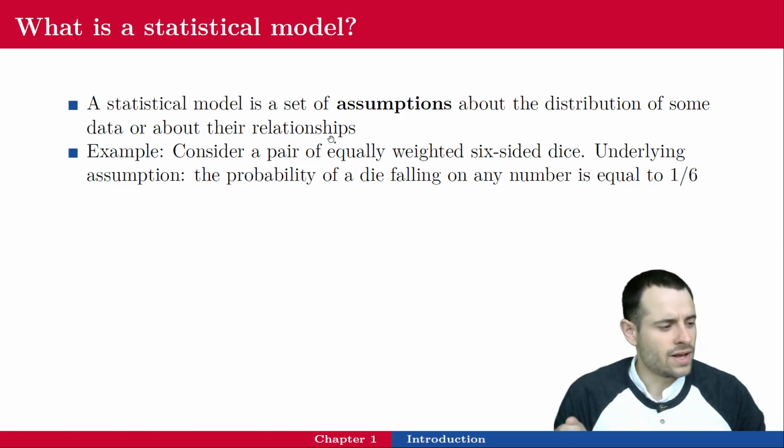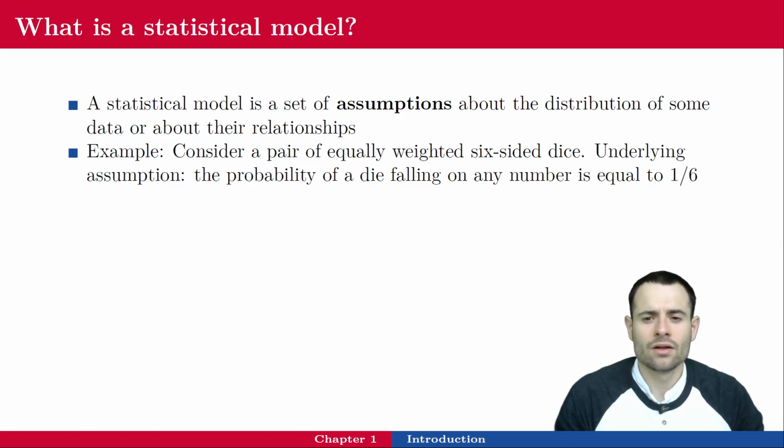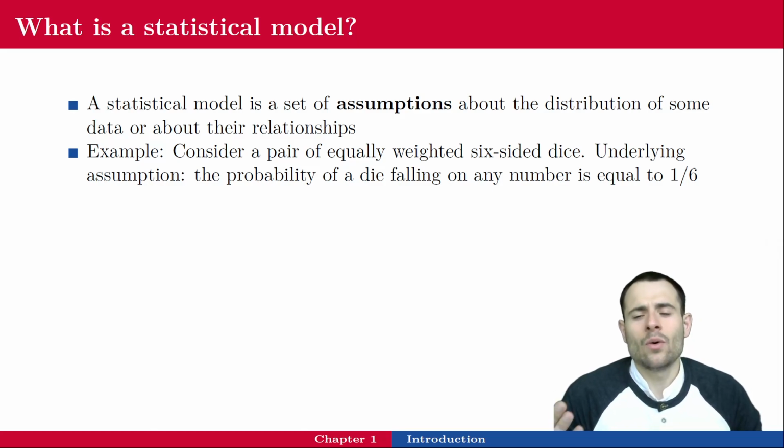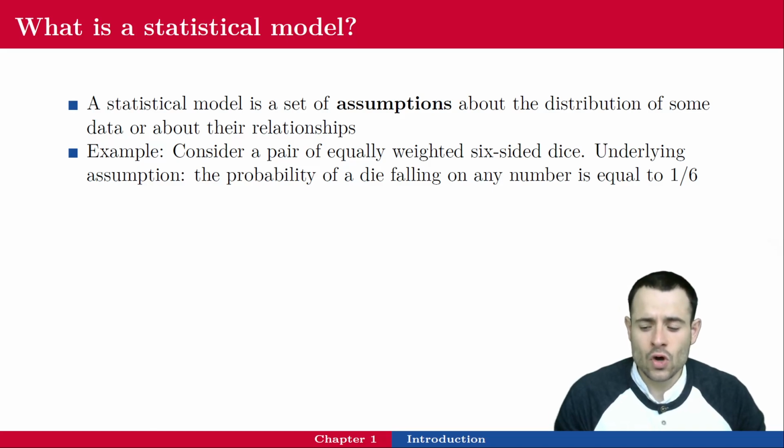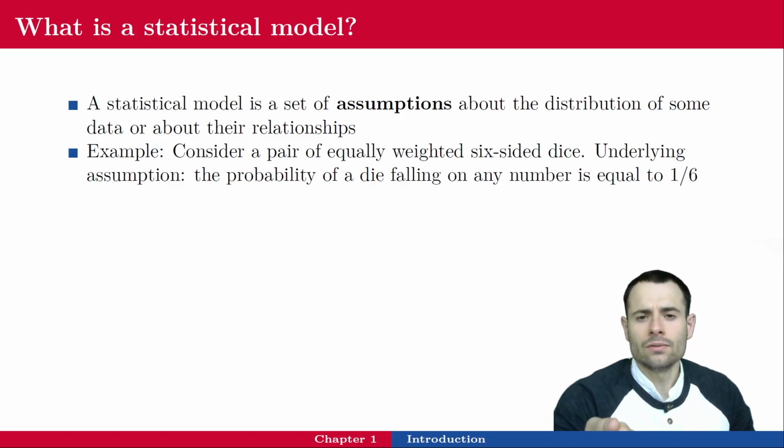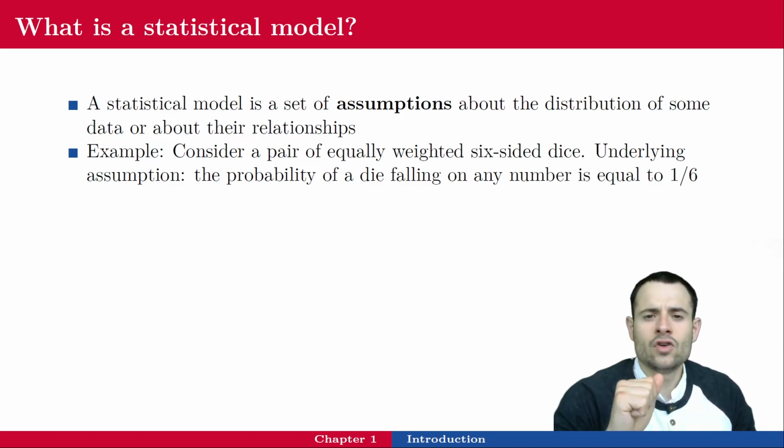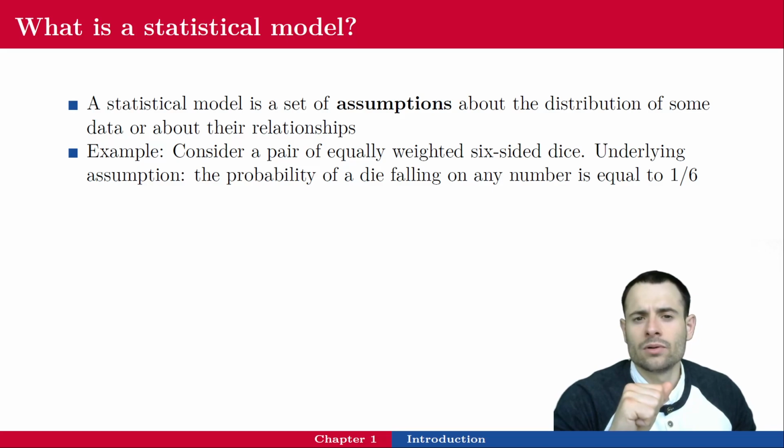If there is a trick played on the die so that the die falls on 6 more often than it falls on 1, then I would need to know how the weight is allocated to know exactly what the probability of finding a 6 is versus a 1. But this here is a statistical model. I gave you a variable and I gave you the underlying distribution of this variable. That is something to start with.